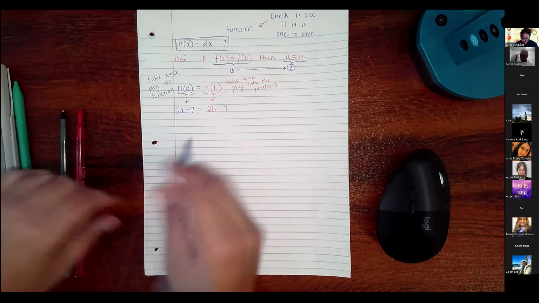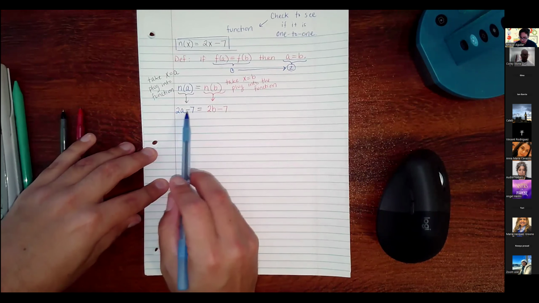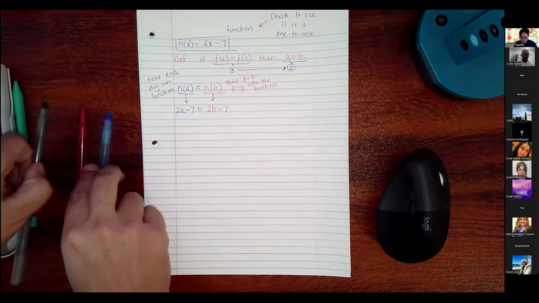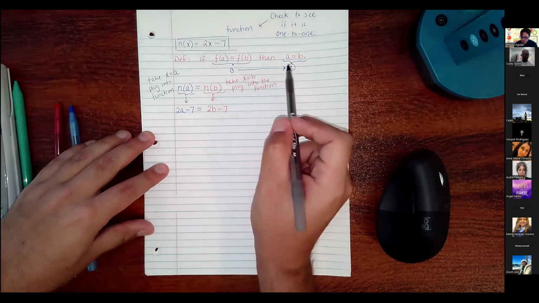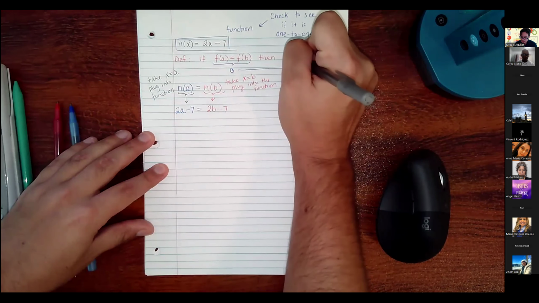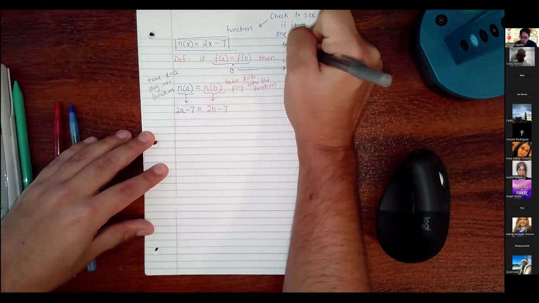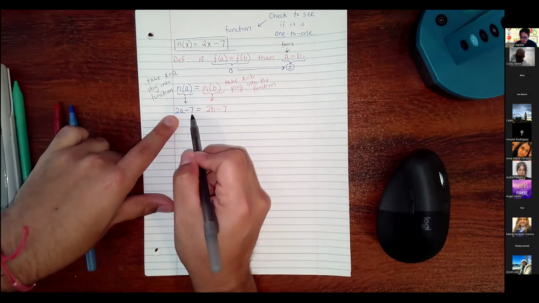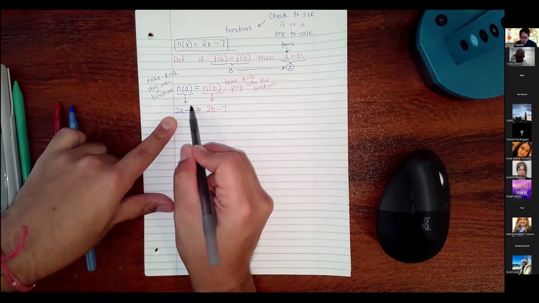Okay, so here we have 2a minus 7 equals 2b minus 7. And let's focus on just getting the a by itself. If I wanted to get the a by itself, how would I cancel out this negative 7? Plus 7.